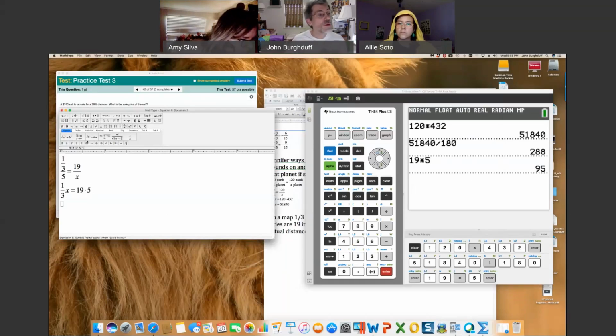So 1/3 x equals 95. Now, I've got to find out what x is from there. So this is kind of an algebra question. We can still solve it here, I think. If I want to get rid of that 1/3, how would I do that?